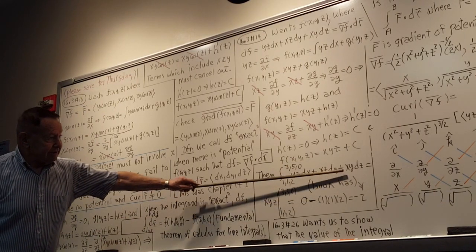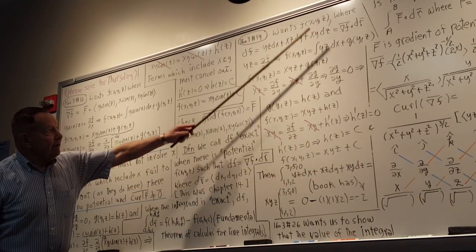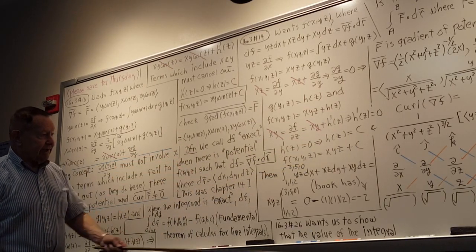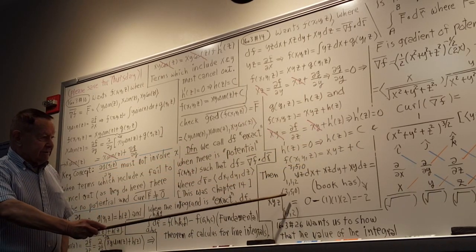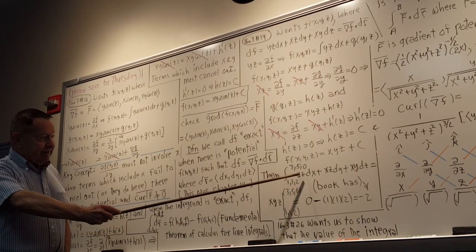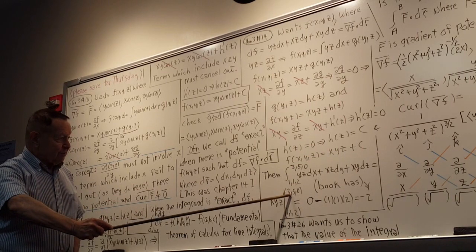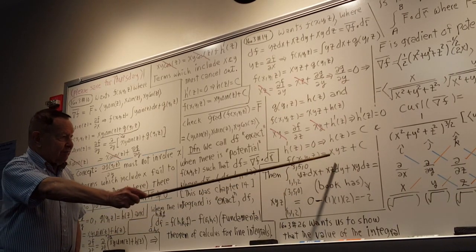In other words, it's the differential of xyz equals constant. Then you can take the value at this point minus the value at that point.